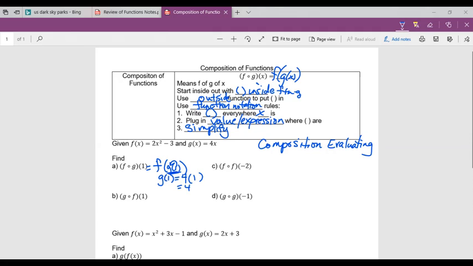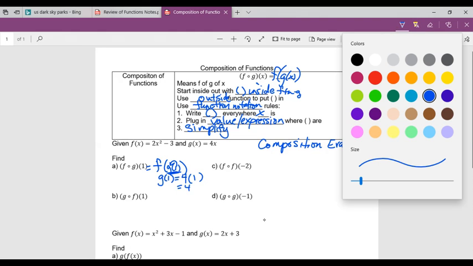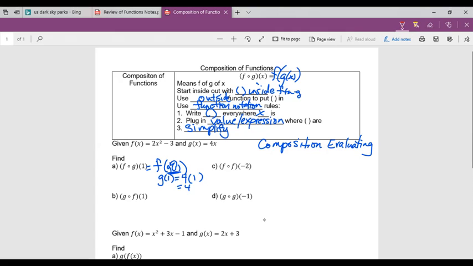So now, let's see if I can change colors here so you can see what's going on. So now this inside of here, this part right here, is 4.